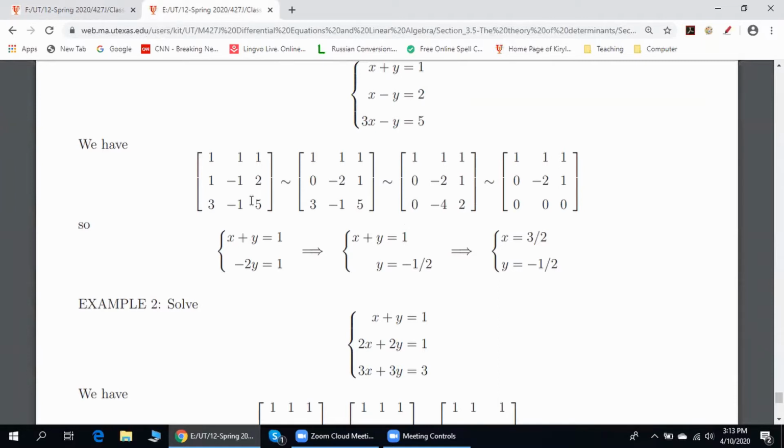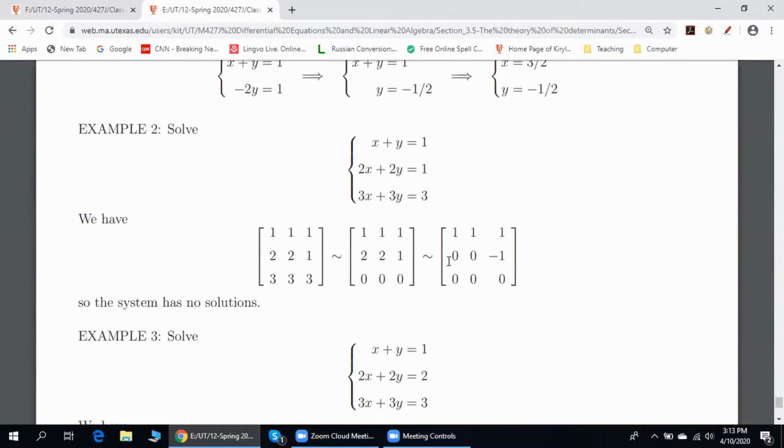If an echelon form has a row which completely consists of zeros, except for the very last element, like here, then the system has no solutions. Does this make sense? Yep.